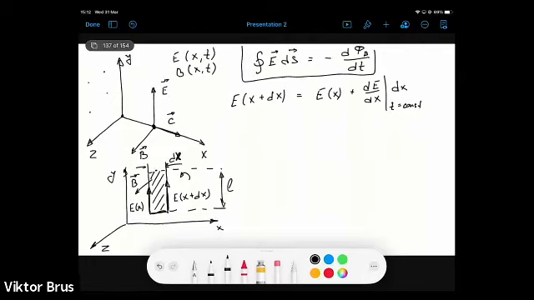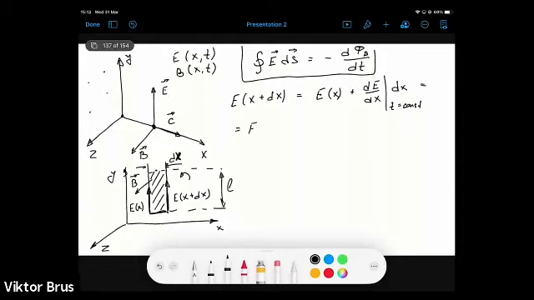We agreed at the beginning that our electric field vector and magnetic field vector are functions of two variables. So when we fix one and take the derivative over the other, it means partial derivative. So we can rewrite this expression.